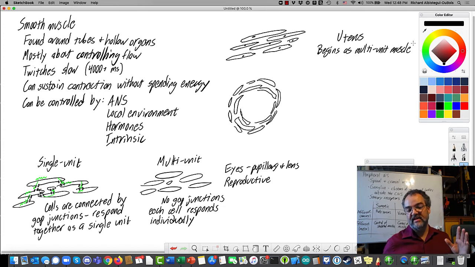So normally the cells of the uterus are not connected by gap junctions, but when a person with a uterus is pregnant, late in that pregnancy, those smooth muscle cells in the uterus start to make gap junctions and start to link up with each other, turning the uterus gradually into single unit muscle, all connected in one piece.